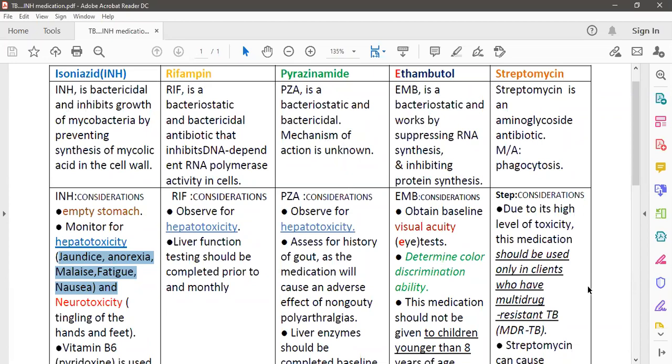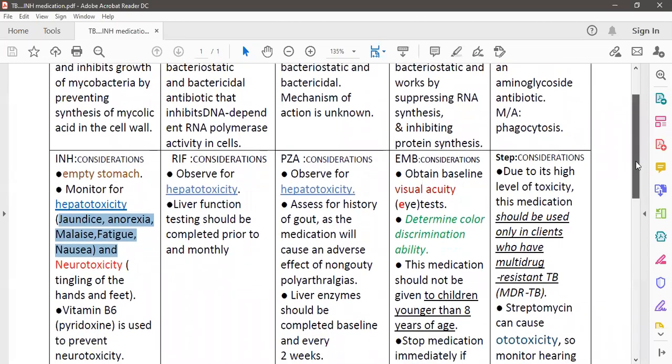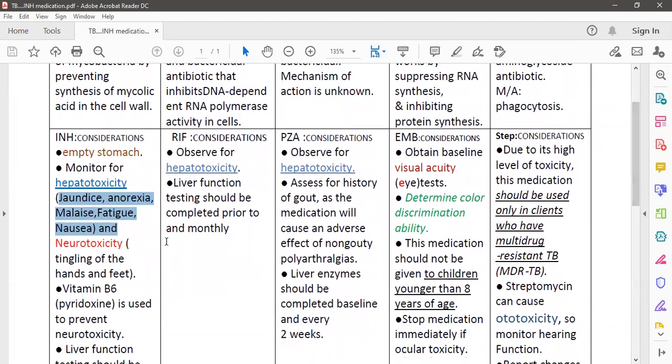Right? So what next? Isoniazid also causes neuropathy or neuritis. Isoniazid, shortly we say INH, right? N stands for neuritis or neuropathy, H stands for hepatotoxicity, an easy way to remember.